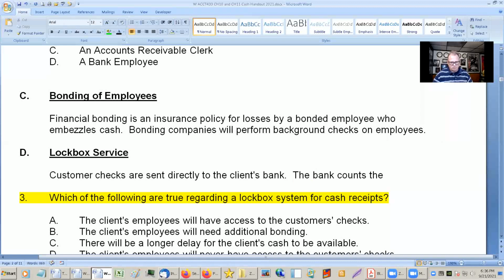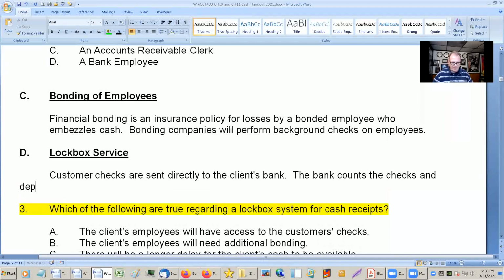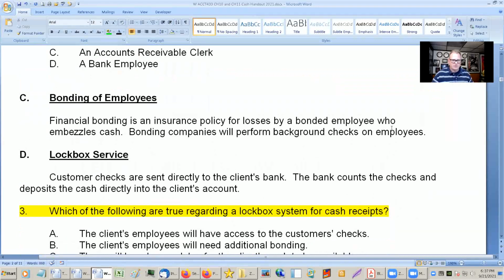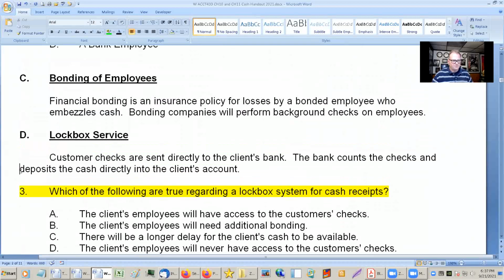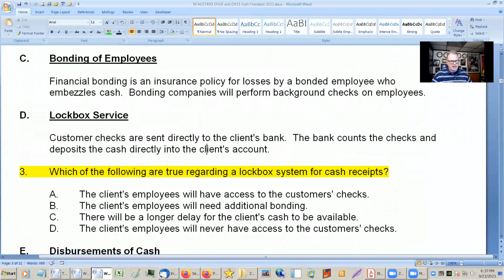The bank counts the checks and deposits the money directly into the client's account.